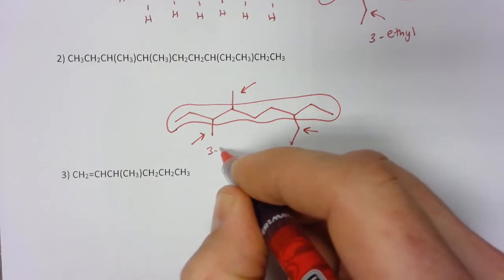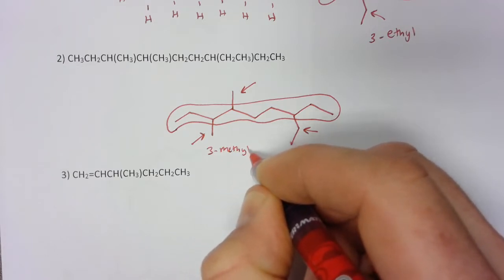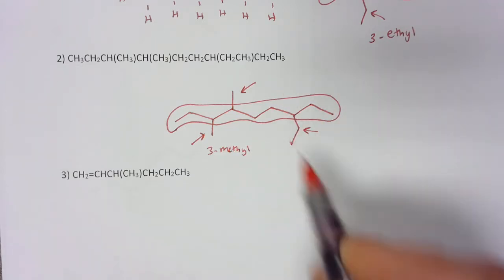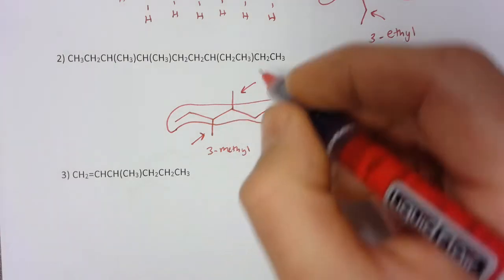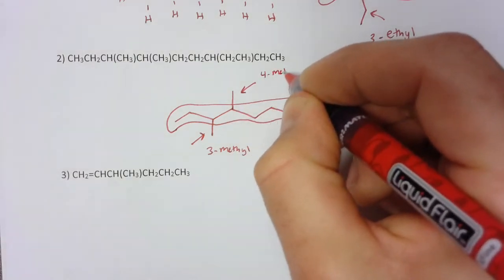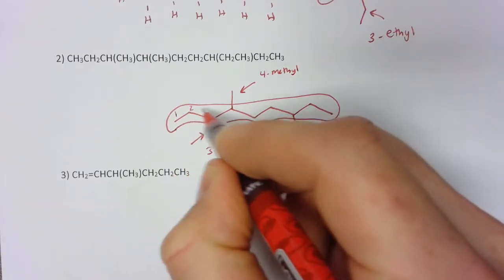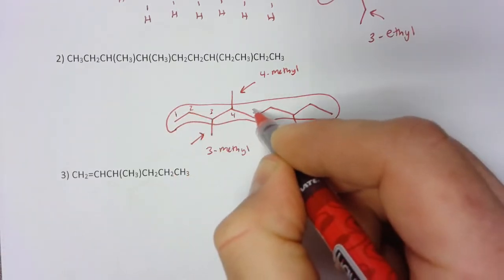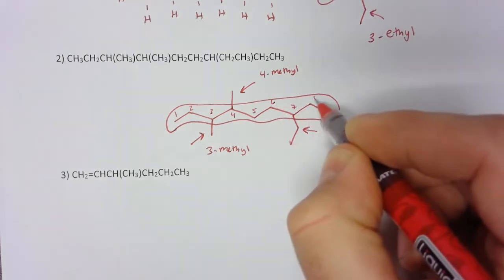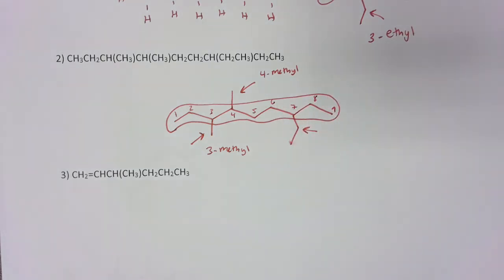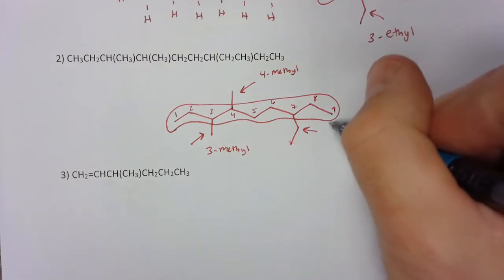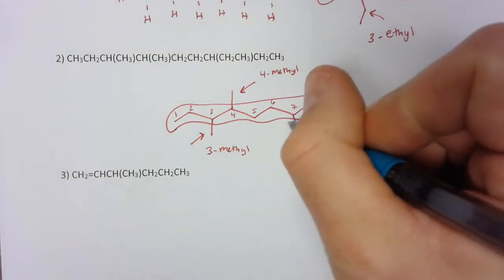This is a 3-methyl group. And then this is a 4-methyl. So I'll number it like so. In a different color, I'm going to number it starting from the right, just to make it easier to see.